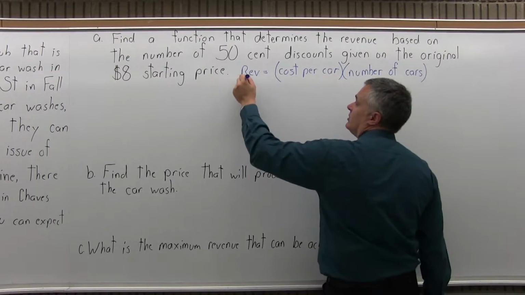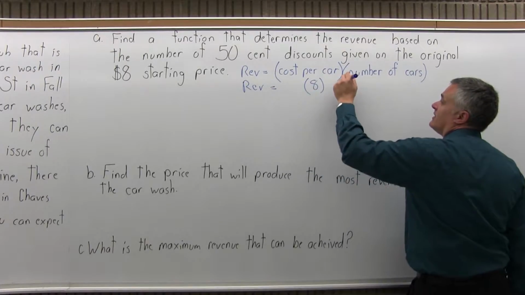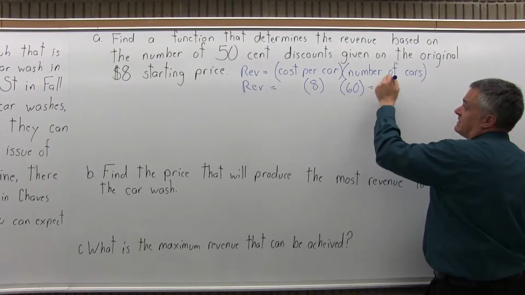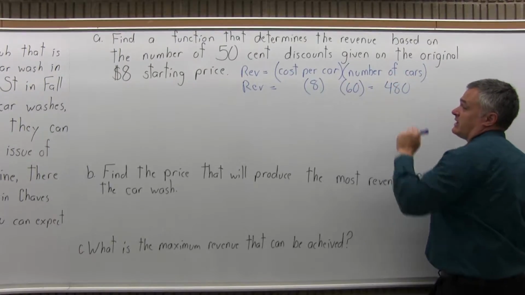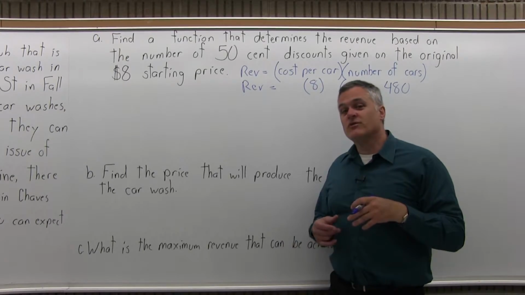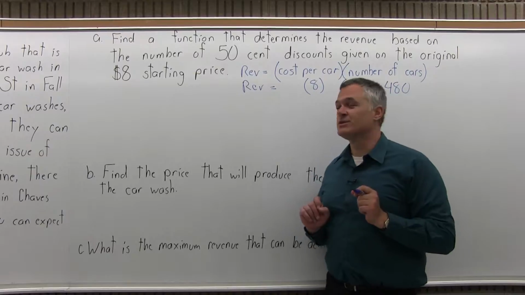What they had been doing is the cost per car was $8 and the number of cars was 60. So at $8 a car for 60 cars, it generated a revenue of $480. And they want to make a little bit more. If every discount you give, you get more cars to wash, but you're making less per car, there's some magic point where you make the most money.